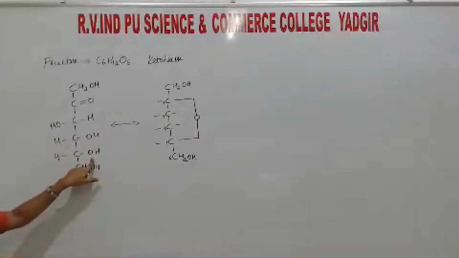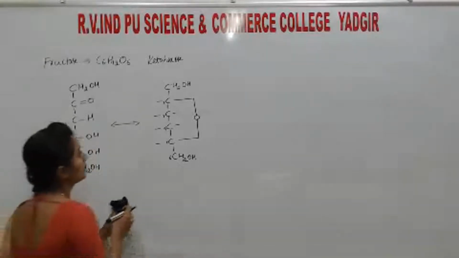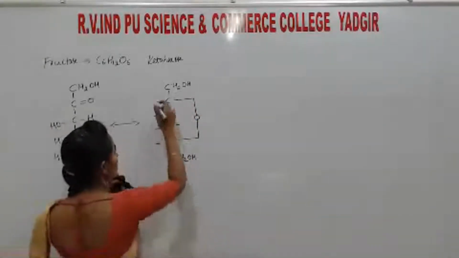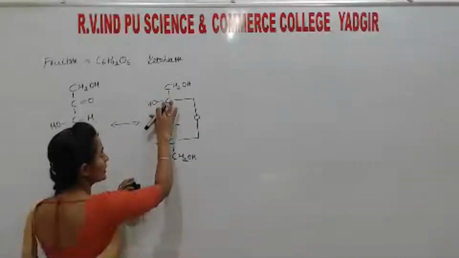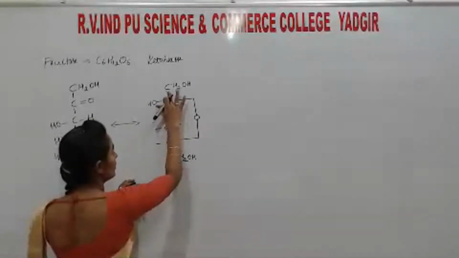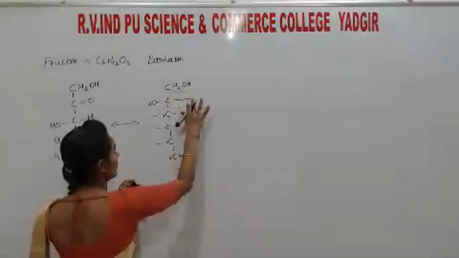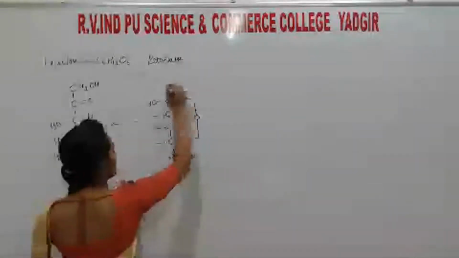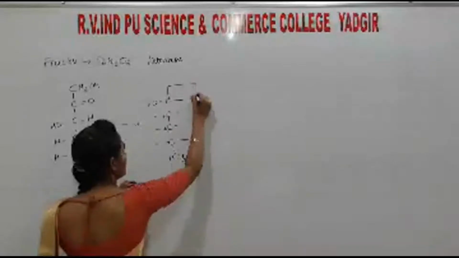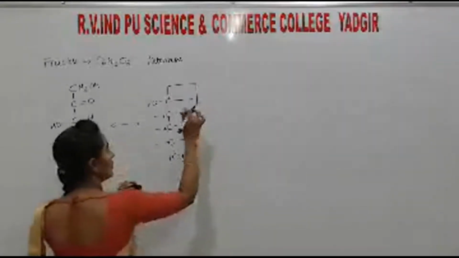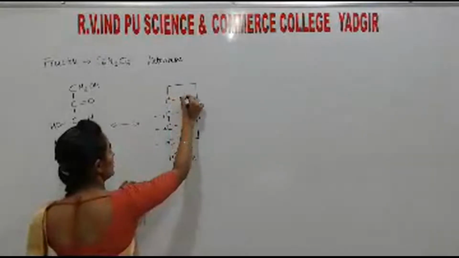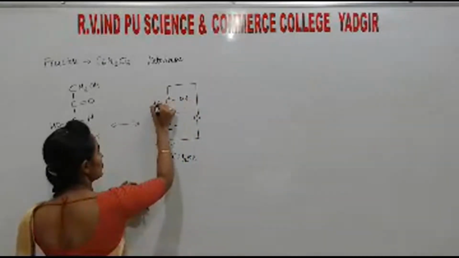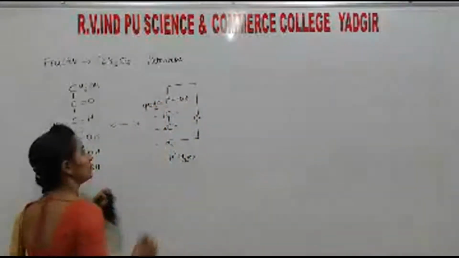Okay. If you want to take it here, I'll just replace this one, it becomes OH. So students, remember, I'll just replace this molecule. I'll cut this part and write this. Okay. Then CH2OH and OH is there. This is OH, this is CH2OH.